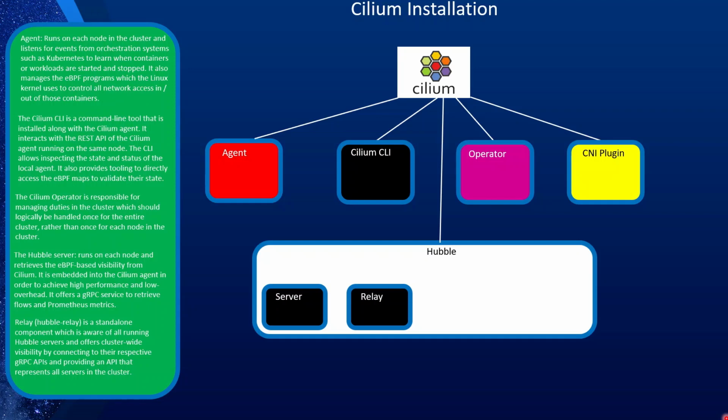Basically it provides a glass window into what's happening inside all the other nodes where a Hubble server is running, and provides a single API to provide visibility into tracing and visibility information. There are also the CLI, which is a command line, and the UI, so we'll be able to consume or view visibility information and traceability information through the CLI and UI.